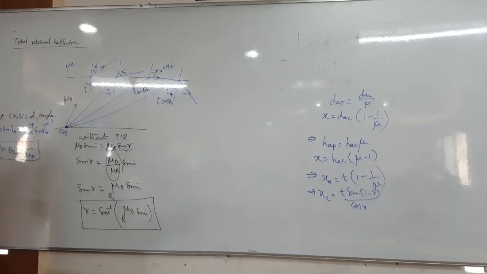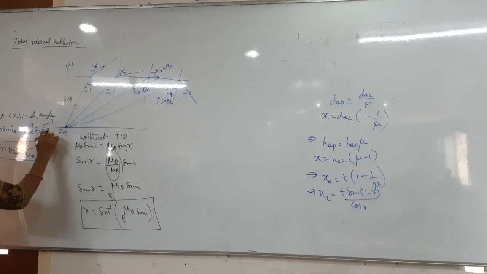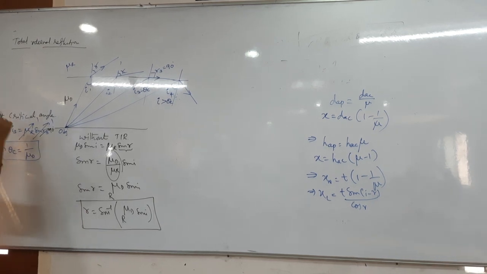Critical angle: the incident angle at which the angle of refraction is 90 degrees with respect to the normal drawn. Denoted by theta c.